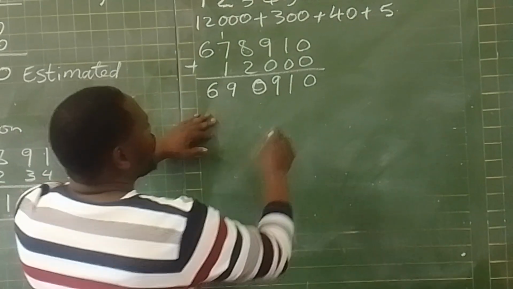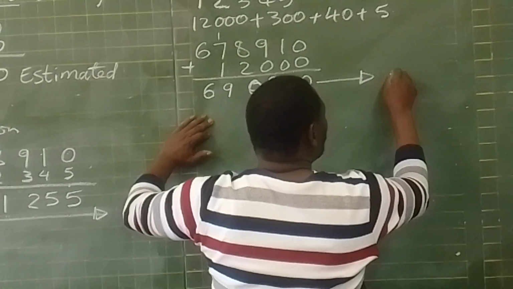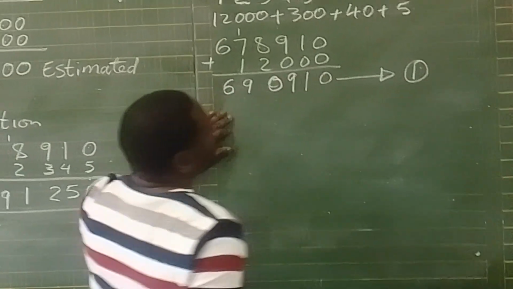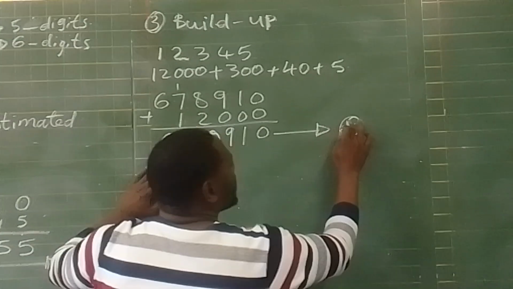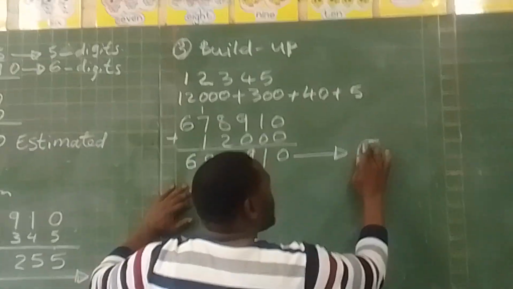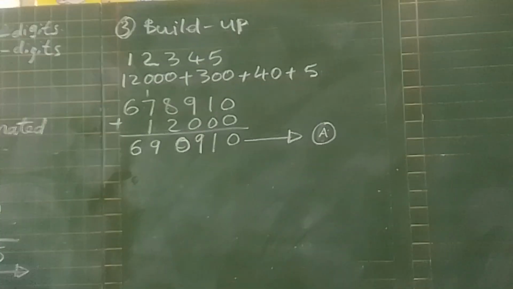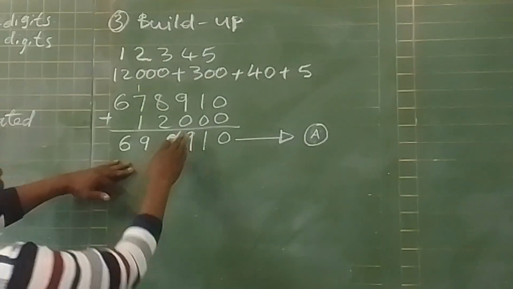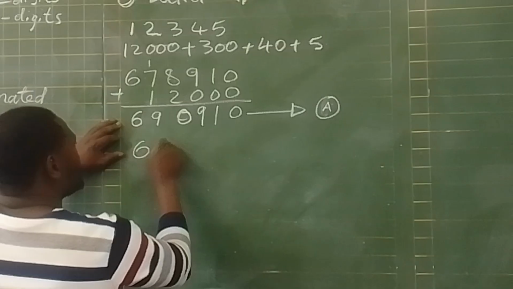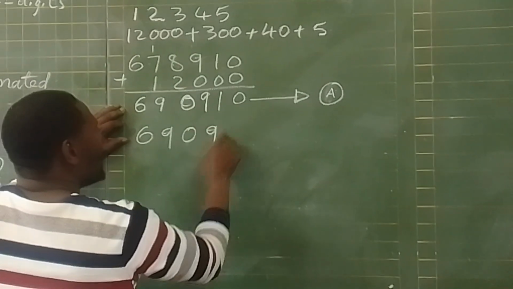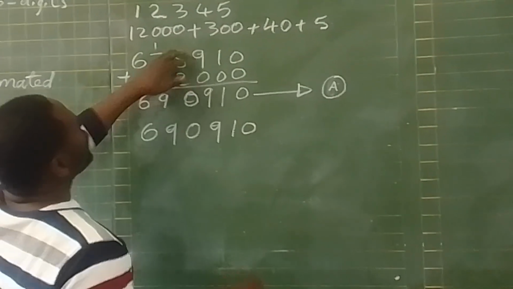From here, you call this 1. Let us not use 1, let's use A, because you have your ones from that side. Now, you take this very same number, 6, 9, 0, 9, 1, 0, you add it.